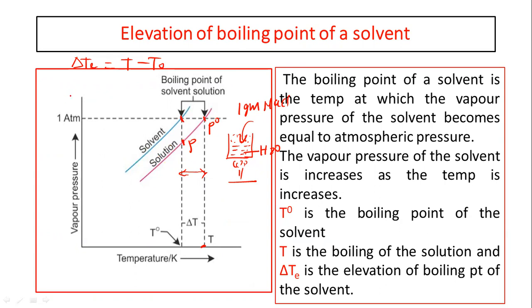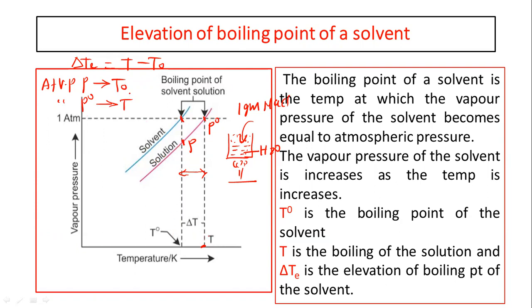So at vapor pressure P, the corresponding temperature is T0, and at vapor pressure P0, the corresponding temperature is T. So we select two points on the solution curve, and we get the two temperatures, T and T0.